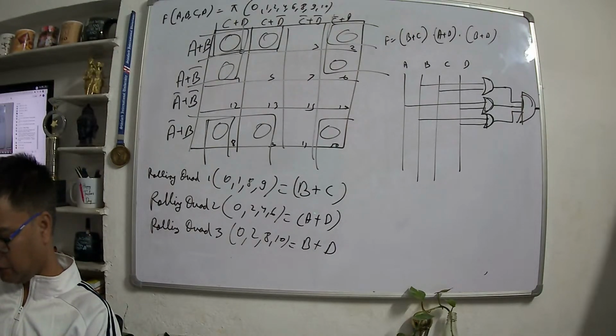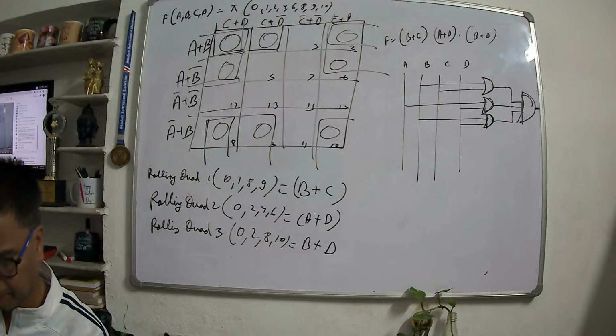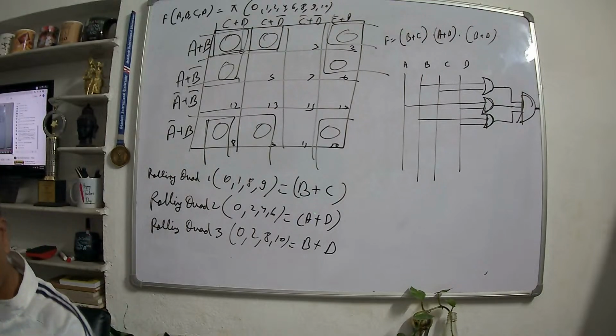It's thundering outside. Okay, so I hope this K-map is clear to everyone. ठीक है?